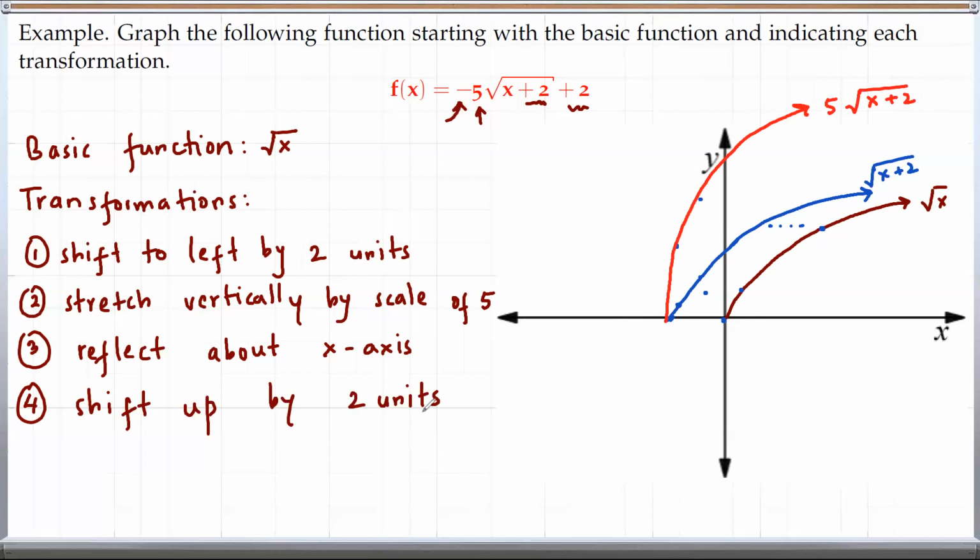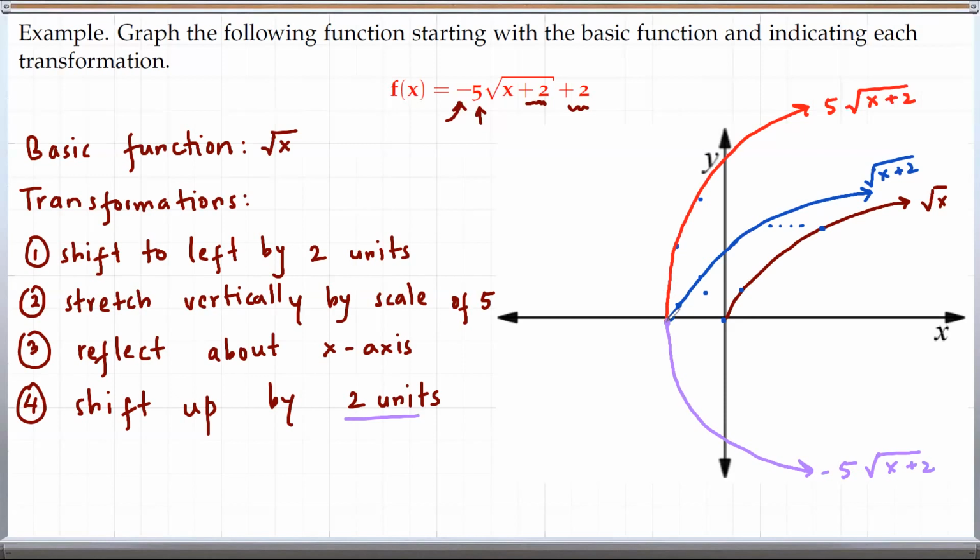The next one is reflecting about the x-axis. When we do that, we get a graph like this one. So this is the graph of -5 square root of (x plus 2), when you reflect this about the x-axis. And the last one, move everything up by 2 units.